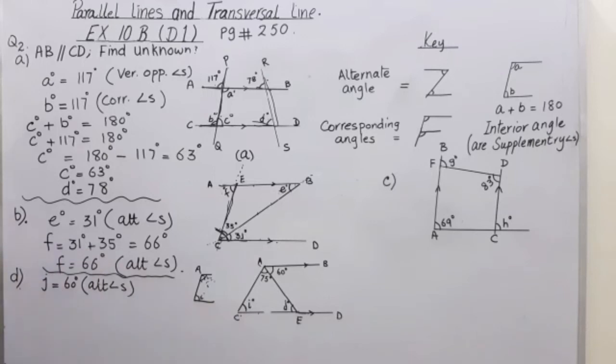So these are supplementary angles, interior angles. So I plus 75 plus 60. Basically J is equal to 60, so don't write J here, you just add them up and write equal to 180. They are interior angles, and you can also say these are supplementary angles.